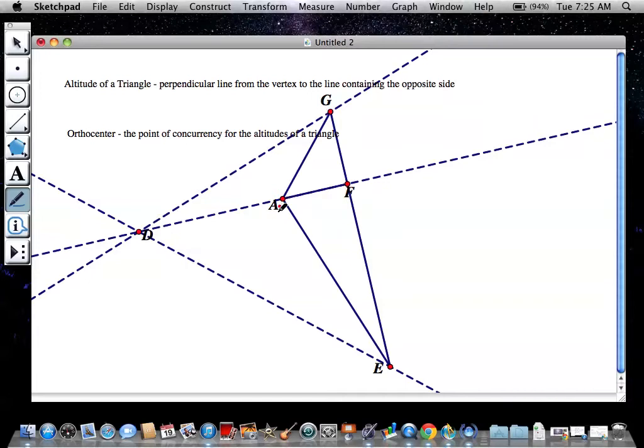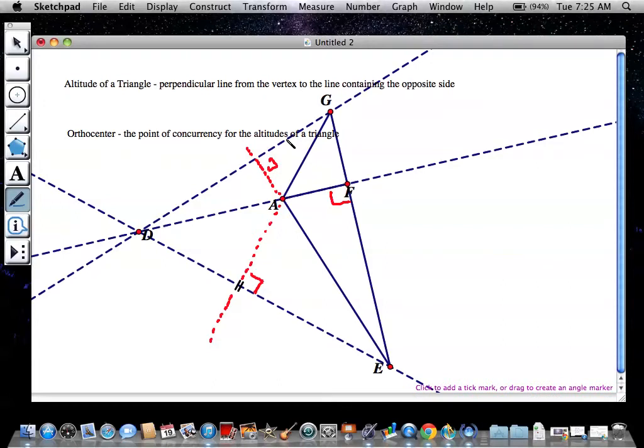But if I extend GA out like so, then it forms a right angle here. A to F, that's a right angle there. And G here, you extend AE, forms a right angle.